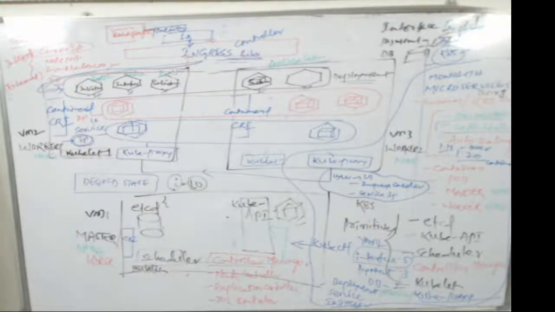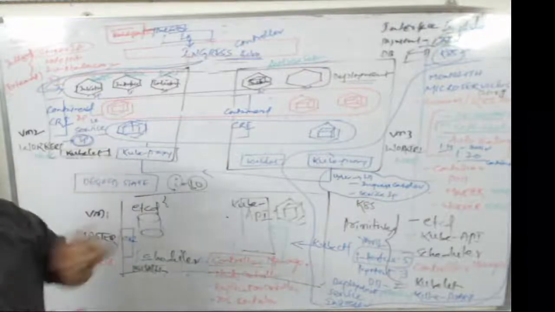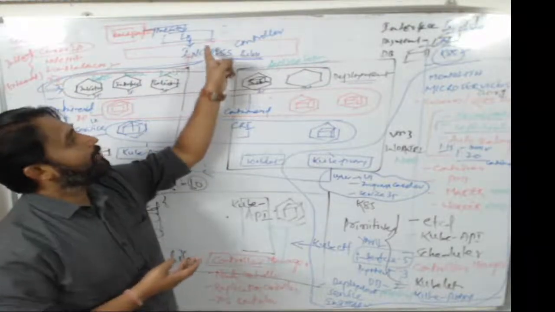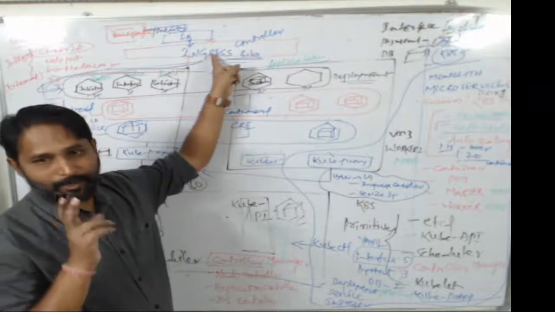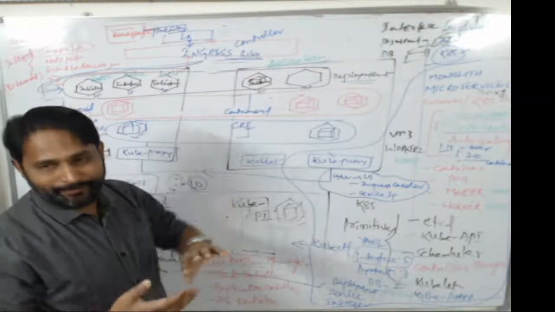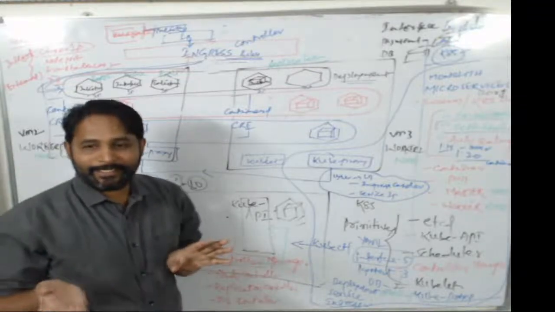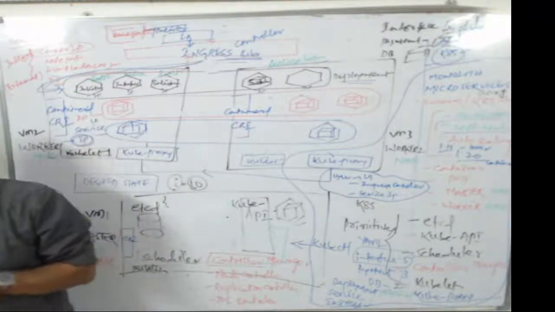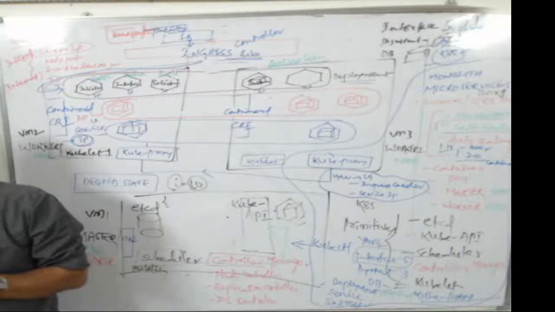Actually, what is ingress? Ingress is anything incoming. So you have two components in ingress. One is the ingress rule, the other is the ingress controller. These are the two components of any ingress. The rule says what should happen. The controller decides how the rule should work. For example, let's say there's a person standing here.